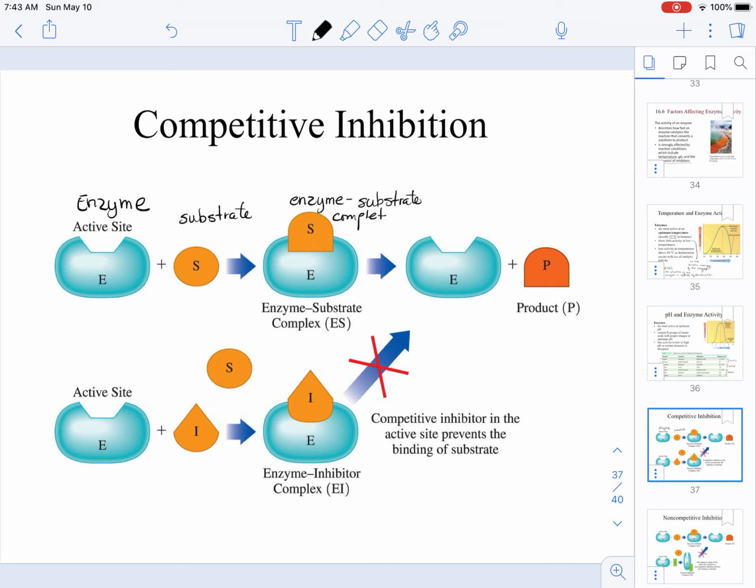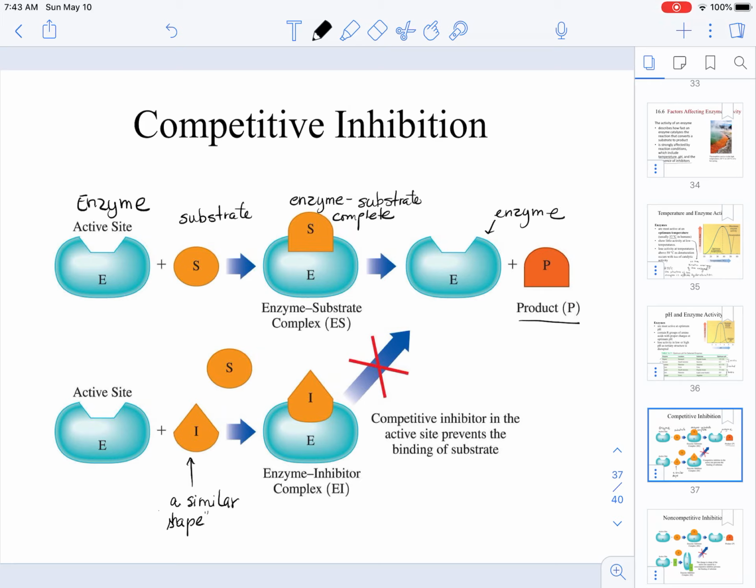And remember that the enzyme substrate complex is going to turn into product, and we're going to regenerate the enzyme. So when we have a competitive inhibitor, as you can see, the inhibitor is illustrated in the bottom of the figure. The inhibitor, in the case of competitive inhibition, is going to have a similar shape in terms of molecular structure, because remember that these inhibitors are actual small molecules.